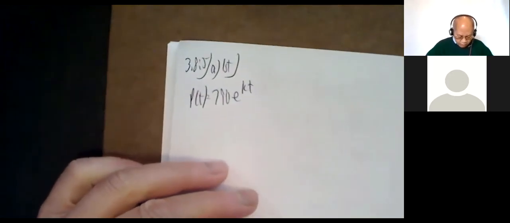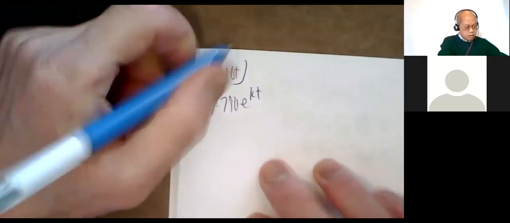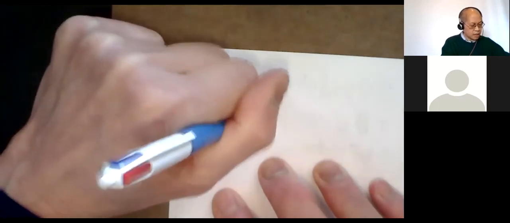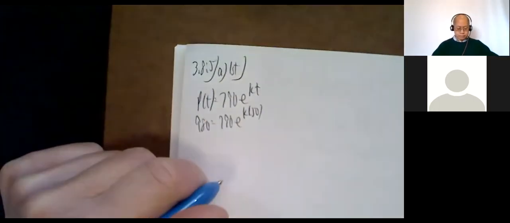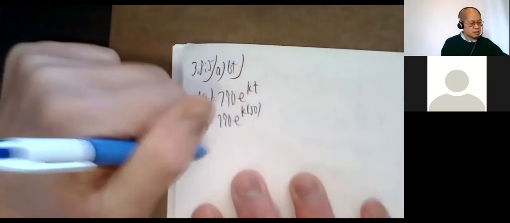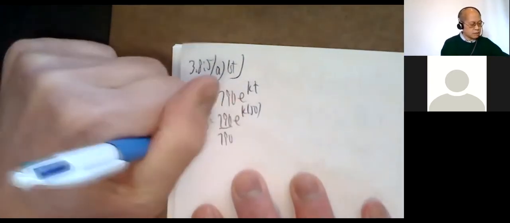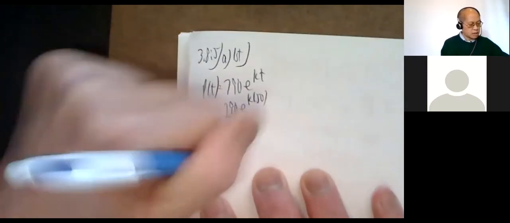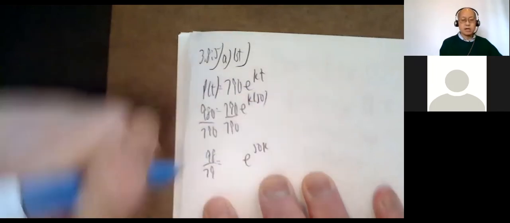Okay, and then use the data from 1800. 1800 means 50 years. So 980 equals 790 e to the k times 50. That's the difference between 1750 and 1800. So divide by 790: 98 over 79 equals e to the 50k.